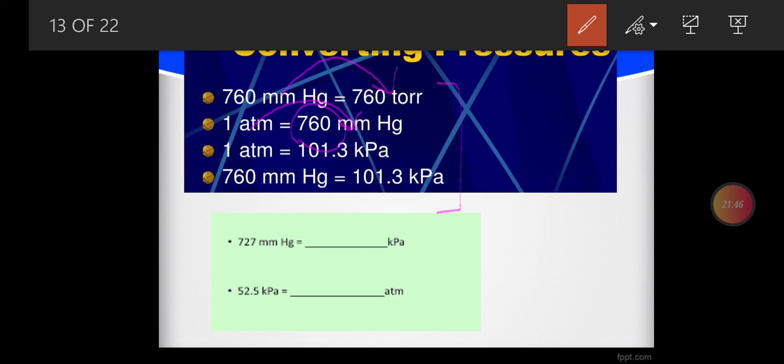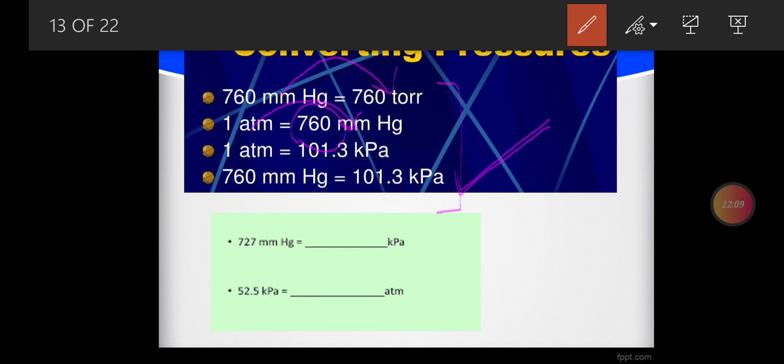The first is 727 mmHg needs to be converted to kPa. So we will use the third relationship, that is 760 mmHg equals 101.325 kPa.